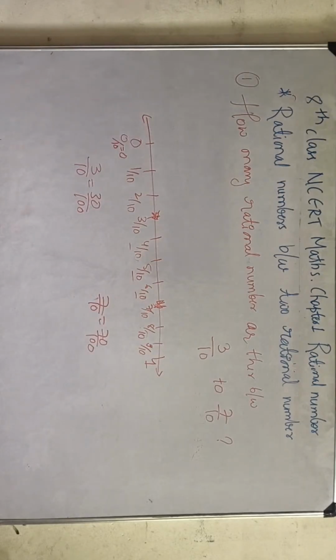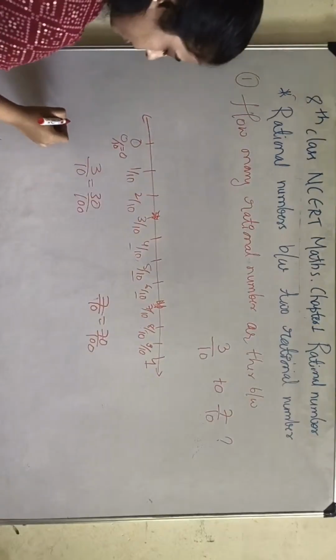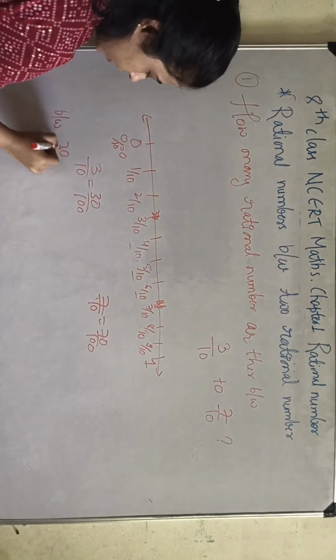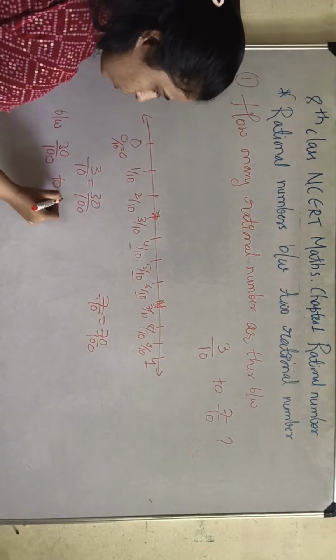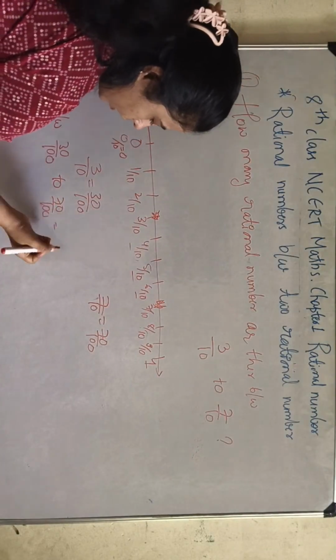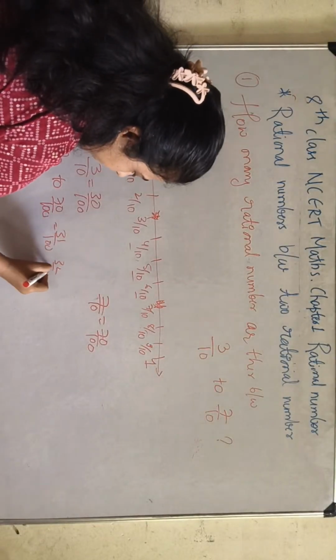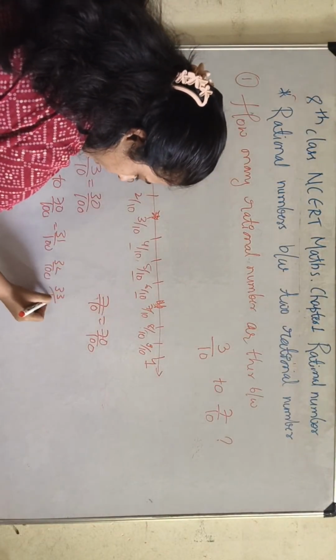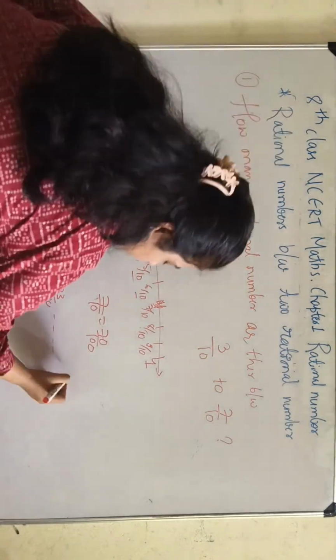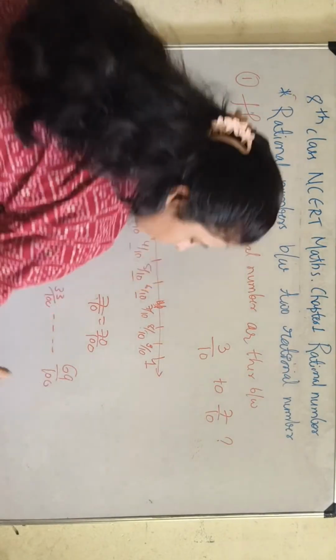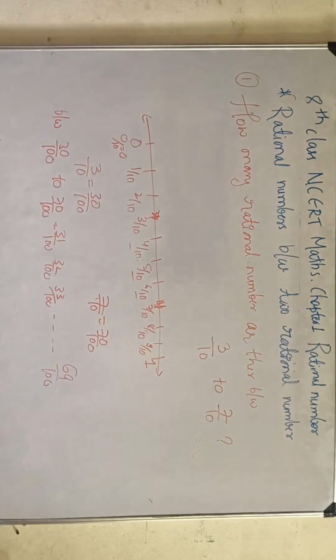Now if I ask you how many rational numbers are there between 30 by 100 and 70 by 100, again you may call them 31 by 100, 32 by 100, 33 by 100, up to what? 69 by 100. You will agree with this point?